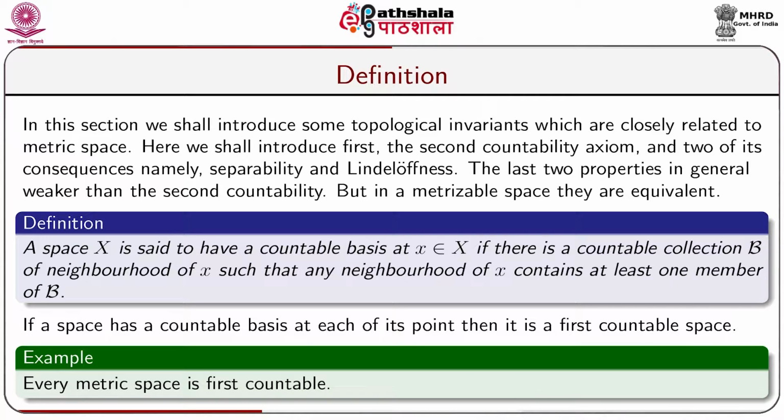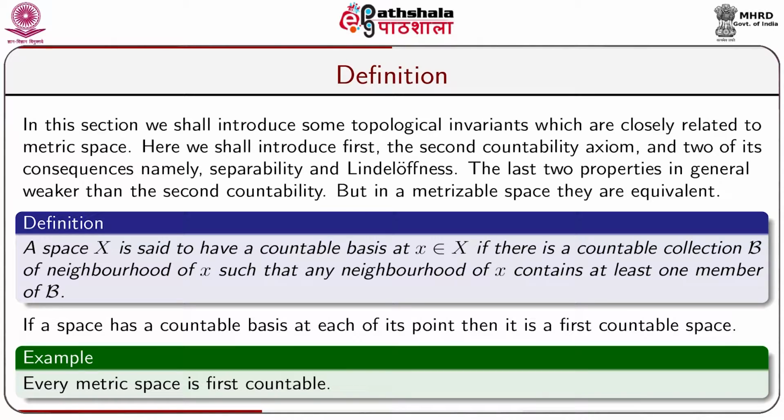In terms of local base, we will define first countability. A topological space X is said to have a countable basis at x if there is a countable collection B of neighborhoods of x such that for any neighborhood of x, there exists at least one member from B which is contained in that neighborhood.